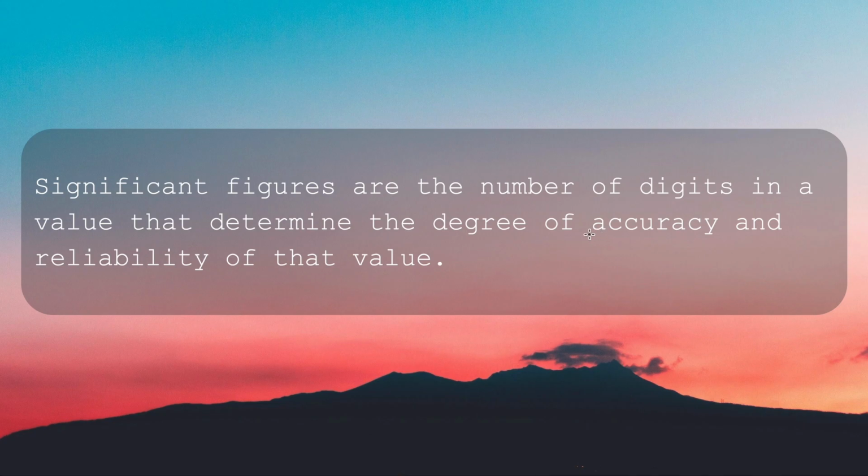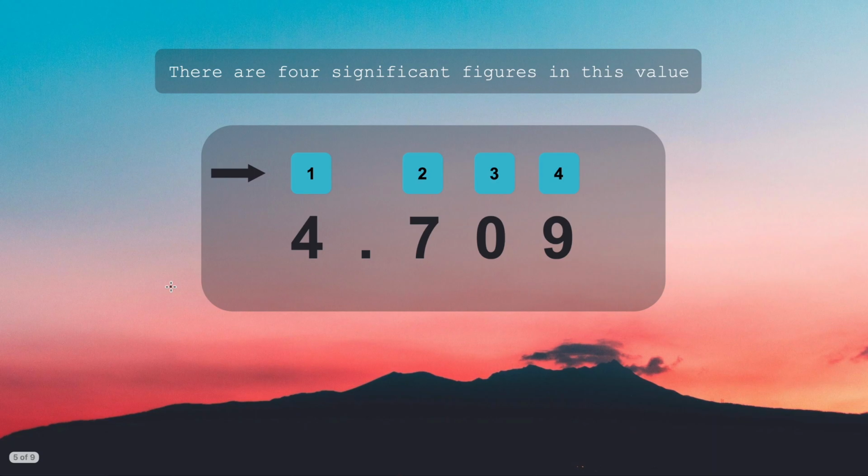So the two words that you need to be careful of are accuracy and reliability. Accuracy means how close it is to the true value, and reliability means that repeated measurements don't give a huge gap between values.